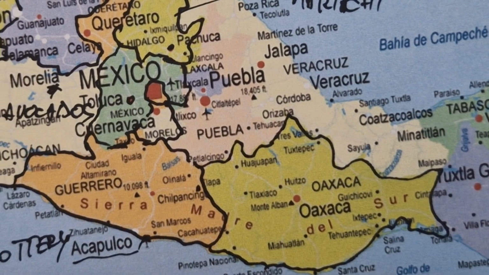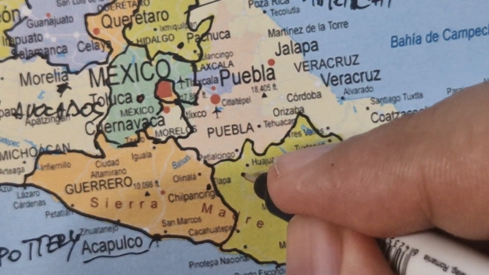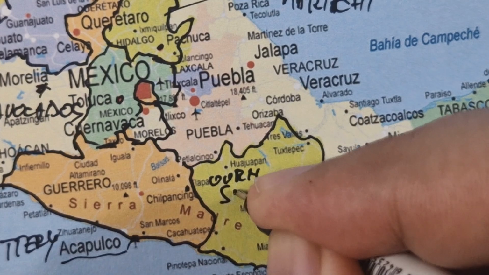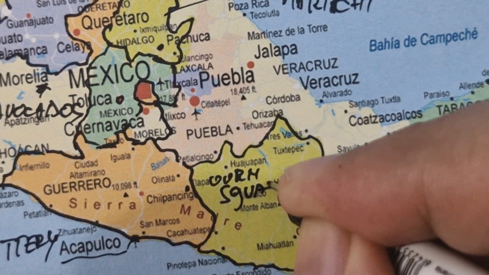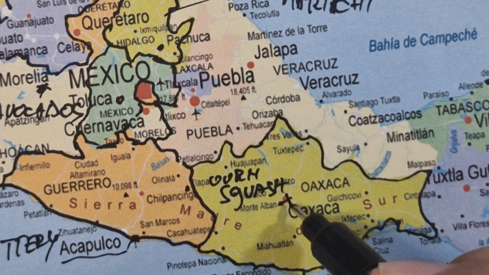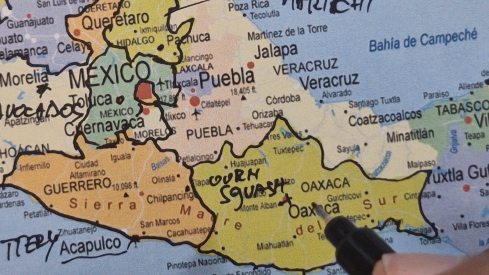Oaxaca is the birthplace of corn and squash, so they have corn and squash. The capital is Oaxaca, here, and it's considered one of Mexico's gastronomic capitals.